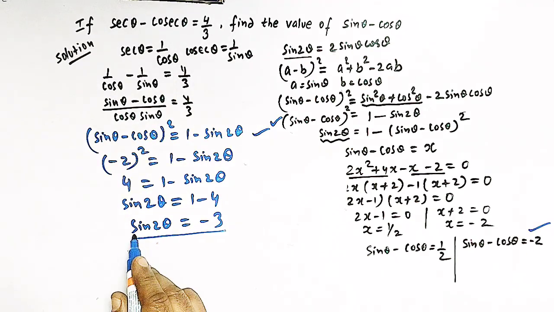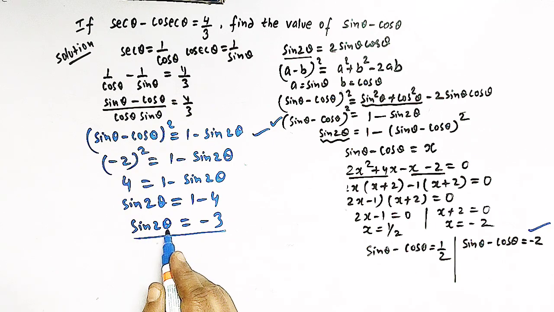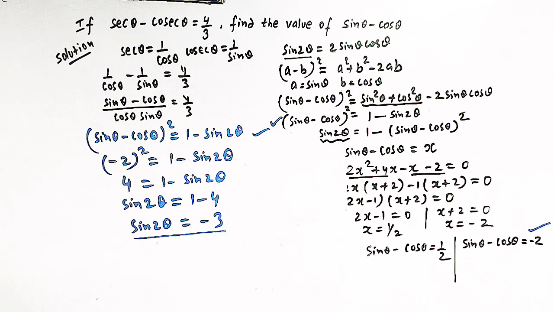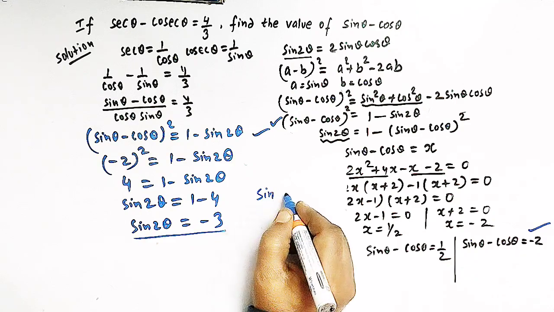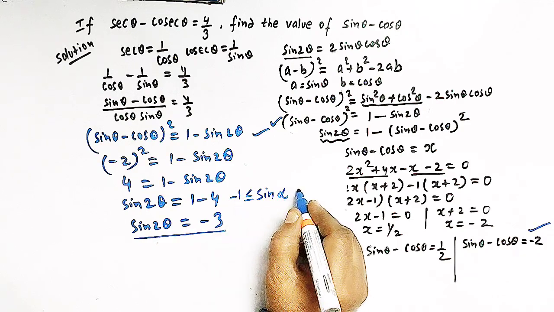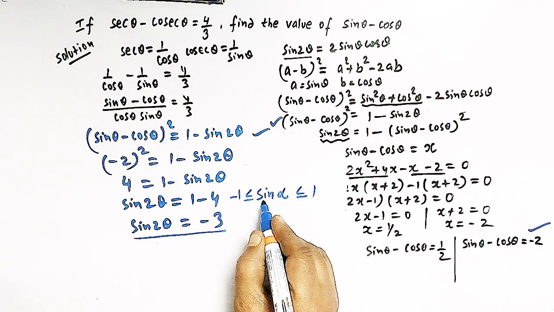So now from this expression, we can observe that sine 2 theta is equal to minus 3. But from trigonometry, we know that the minimum value of sine theta is minus 1, and the maximum value is 1. That is for some angle, say alpha, sine alpha must lie between minus 1 and 1, right?